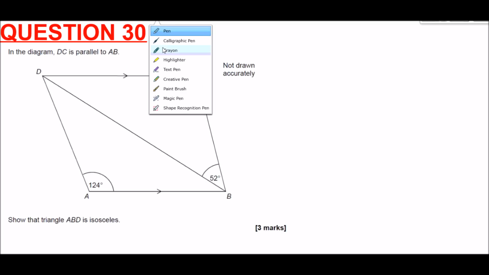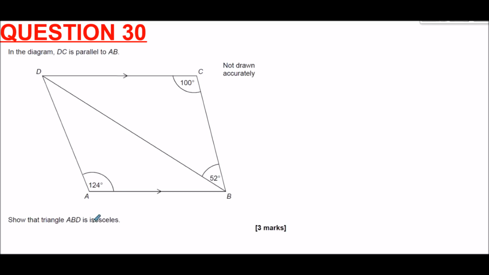So you need to remember what an isosceles triangle actually means. Well, if a triangle is isosceles, all that means is that two sides are the same and two angles are equal.